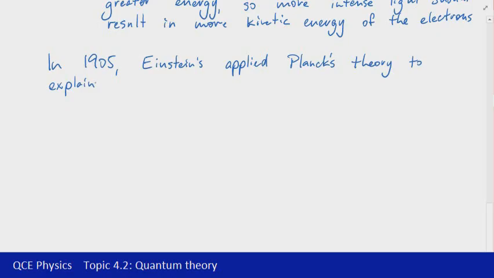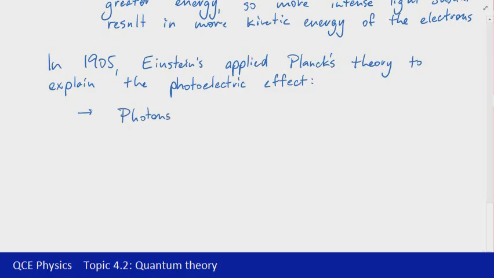In 1921, he was awarded the Nobel Prize for his work in 1905 on the photoelectric effect. Now, Einstein didn't actually conduct the experiment. He was able to just explain how the observations matched with Planck's theory, applying that idea of energy being contained in packets.